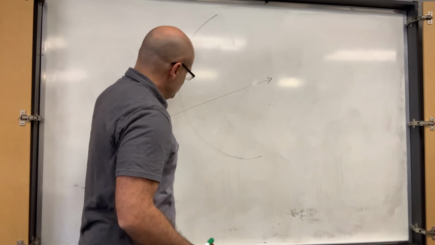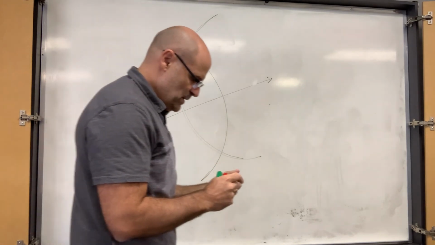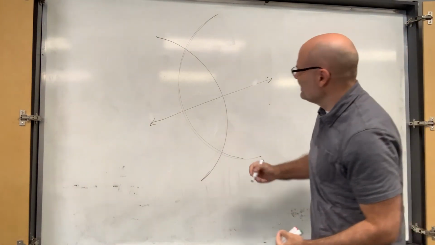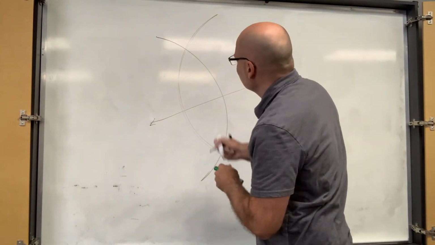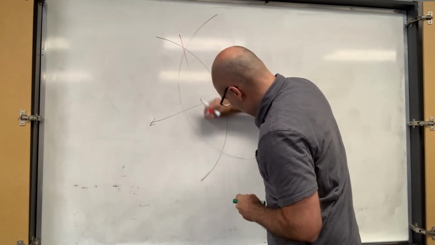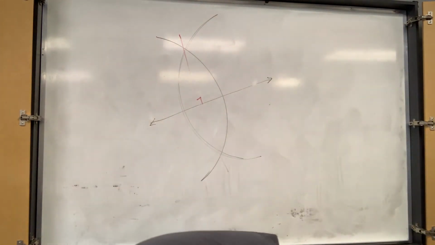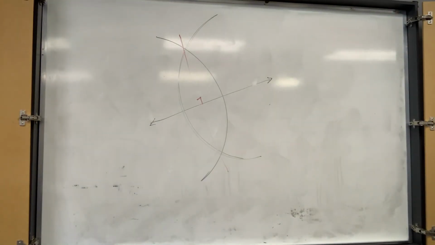It doesn't really matter, just do that. And then what happens when I connect those intersections? Looky, looky. If I connect these two, that forms a perpendicular line. Isn't that awesome? So you can do that with the compass.